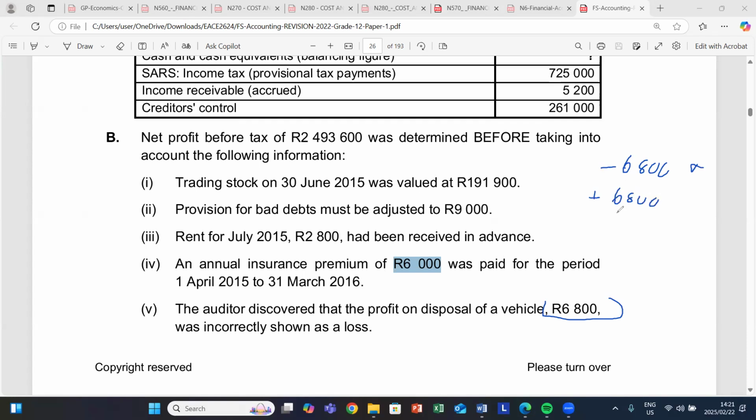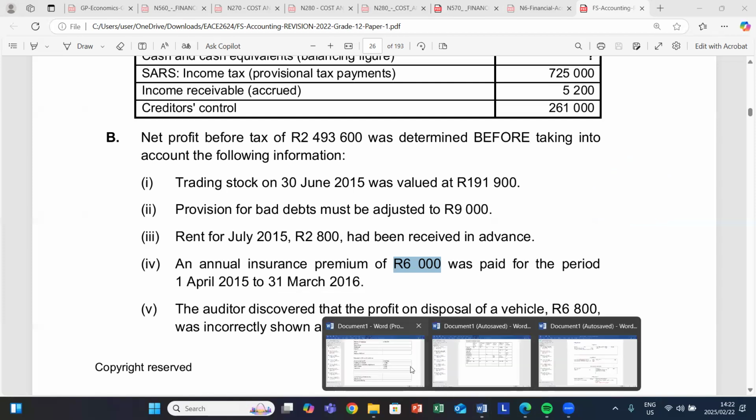When you record it, plus 6,800 and also plus 6,800. Why are we doing 2 plus 6,800? The first one is to rectify the error, and then the second one is to record the initial transaction. Hence, you record 6,800.